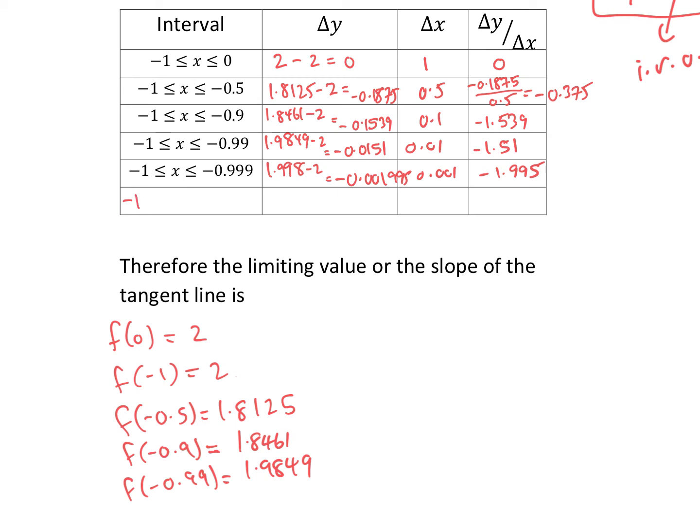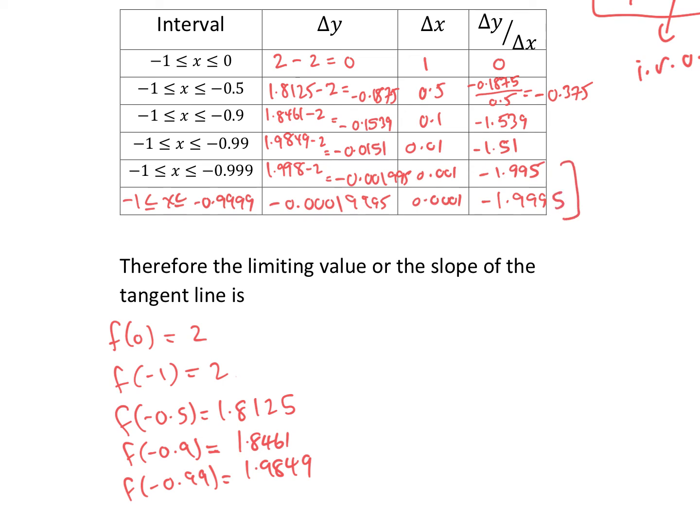So let's do one more. I'm going to add another interval. So remember, you want to see that consistency. So I'm going to do -0.9999, and it works out to be -1.99995. And so now I'm starting to see that constant limiting value.